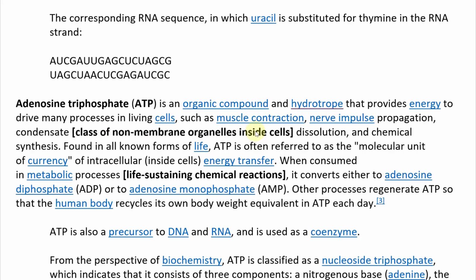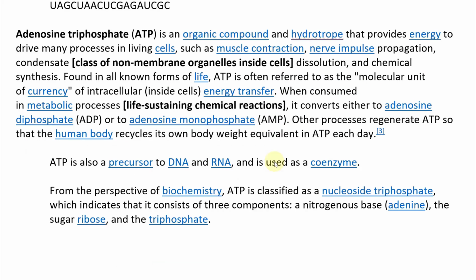Similar to how the human body has organs, cells have organelles. Found in all known forms of life, ATP is often referred to as the molecular unit of currency of intracellular, or inside cells, energy transfer.